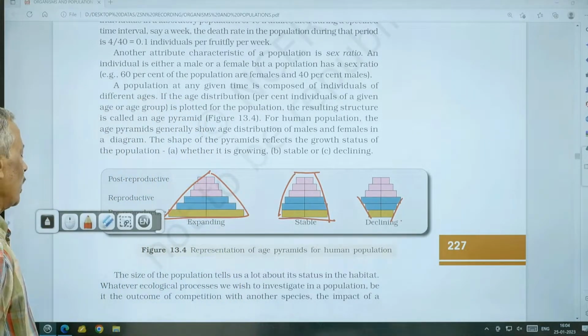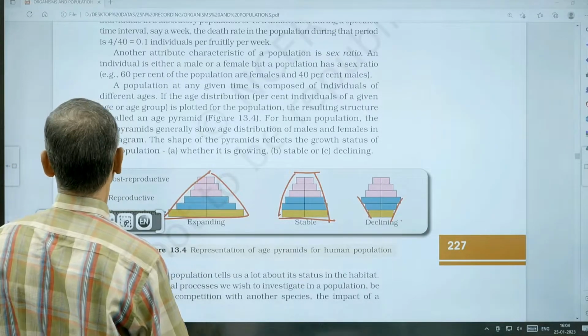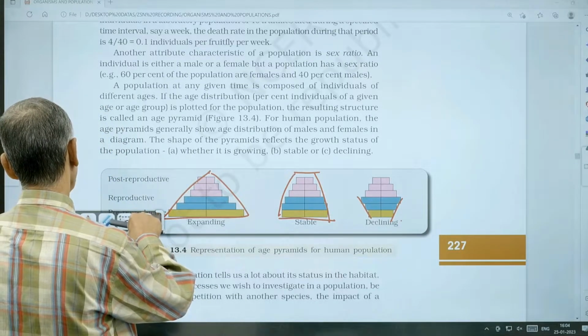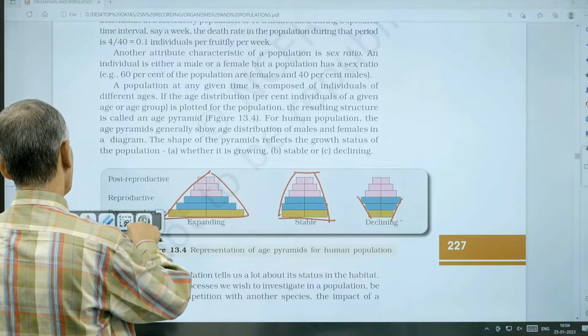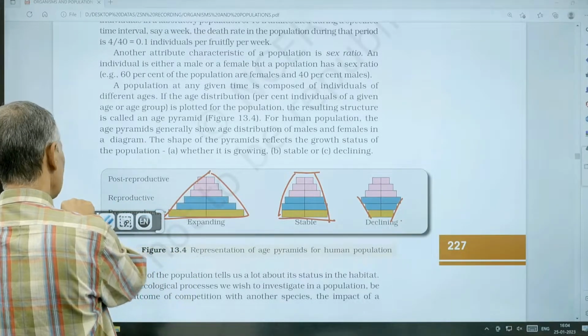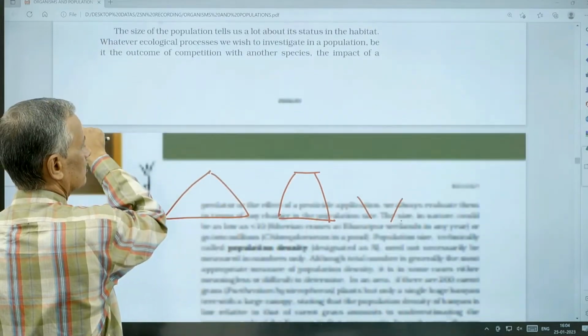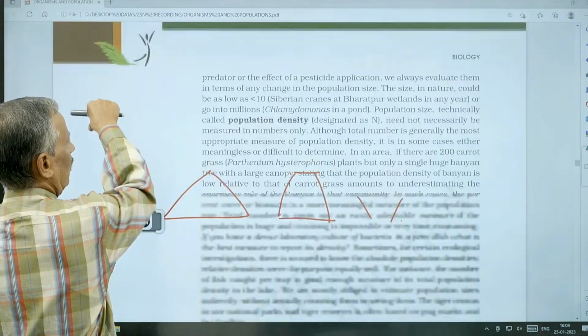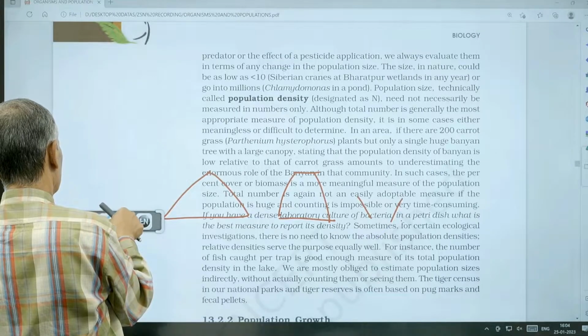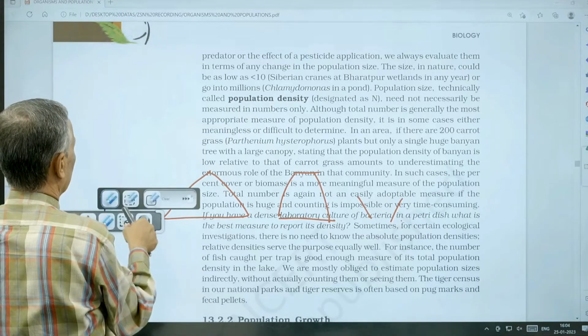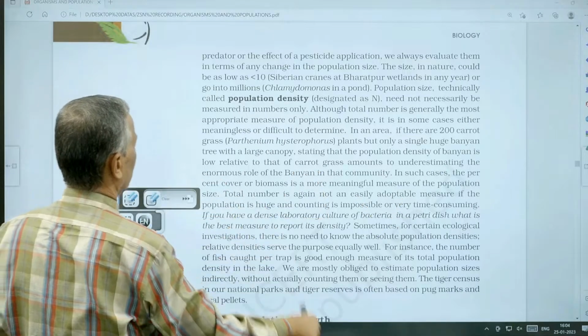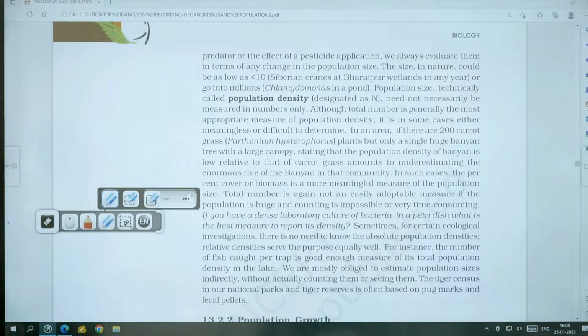How do we calculate the density of population? It is mainly based upon the number. Density is the most important parameter because whatever changes you study in an ecosystem will be having a bearing on its density.